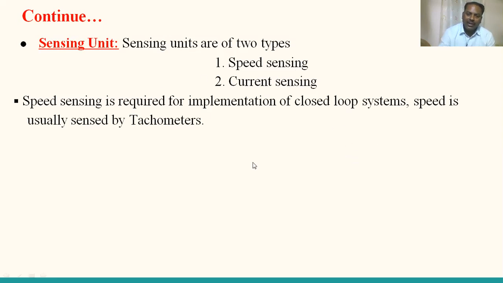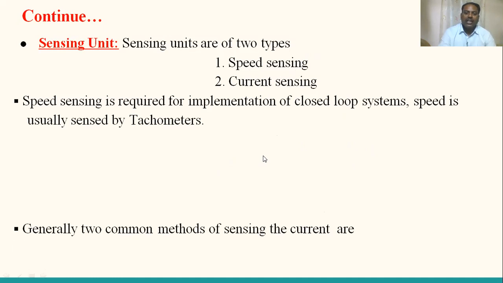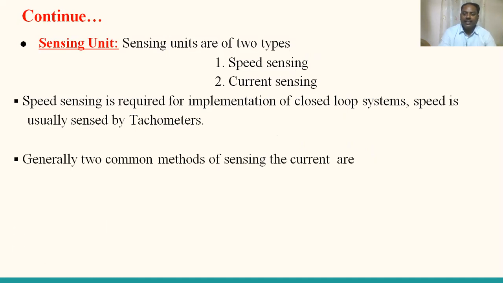In drives, all the drive systems are rotational, and their speed is to be analyzed with the help of speed sensing. And what about current sensing? Current sensors, transducers, thermistors. Generally there are two common methods of current sensing.